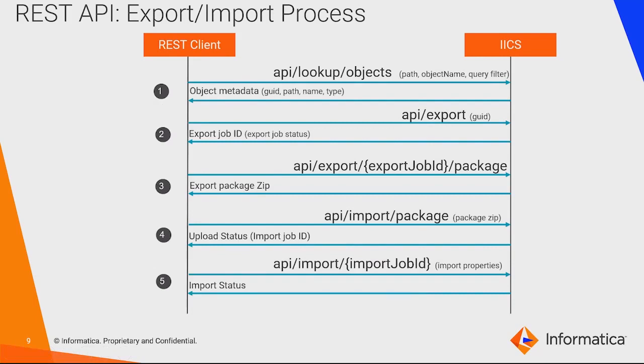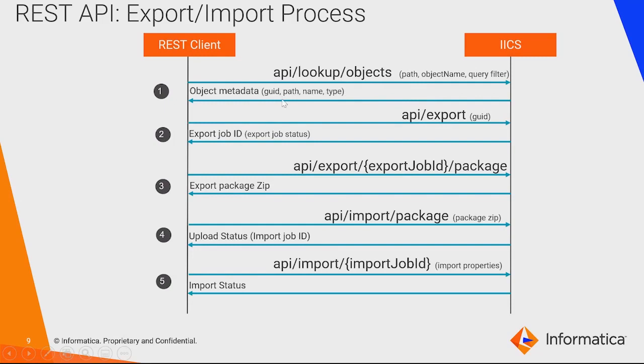From the REST API point of view, these are the REST calls that we are going to make to Informatica Cloud. Let's say you use a tag. In the command line you generate the file. Similarly here you need to use the objects API to get the list of objects and their metadata.